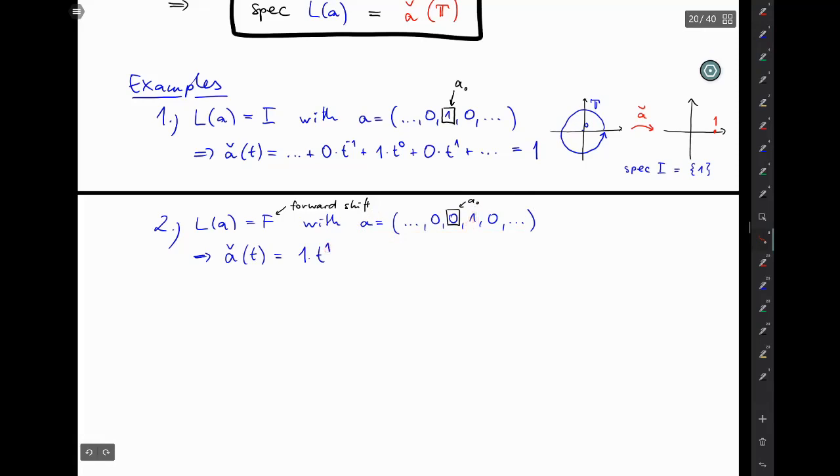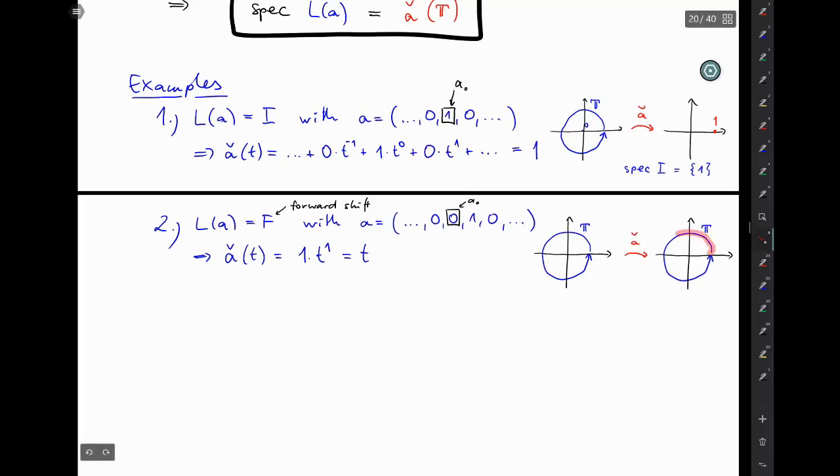That's why you write power 1 here, and of course that is just t. So every point of the unit circle is mapped to itself, and hence the whole unit circle is mapped to just itself.